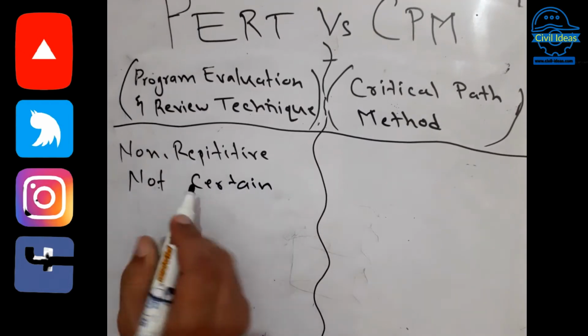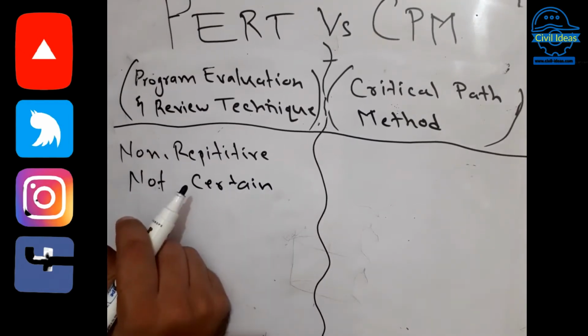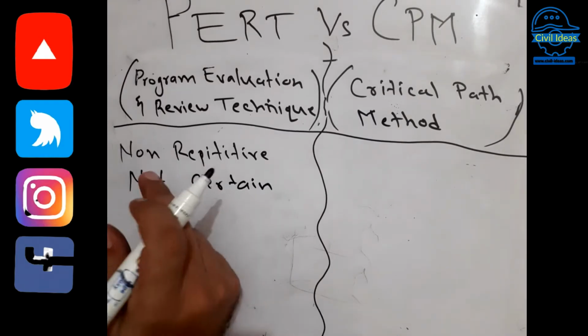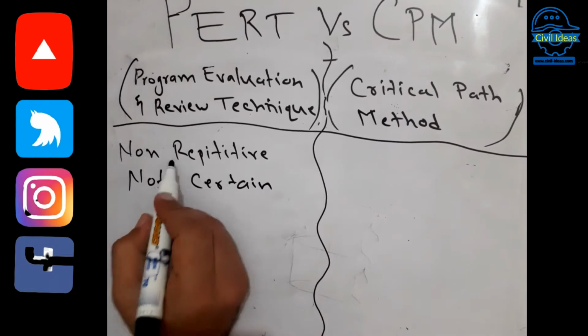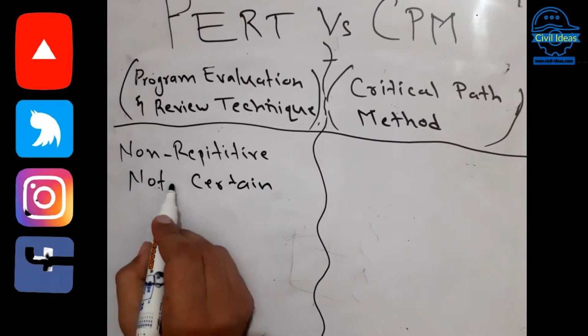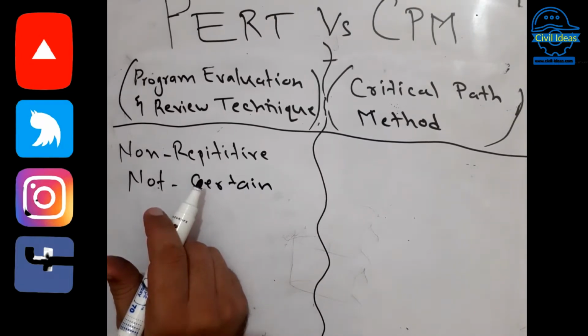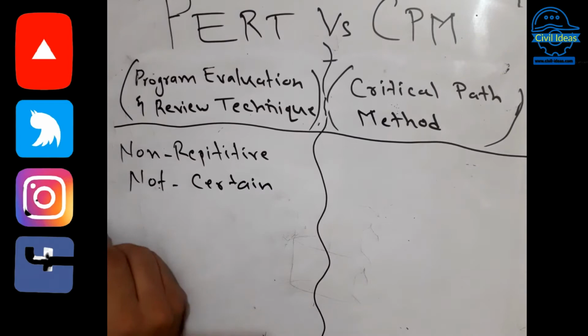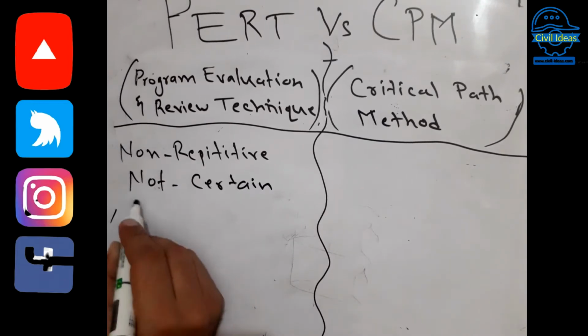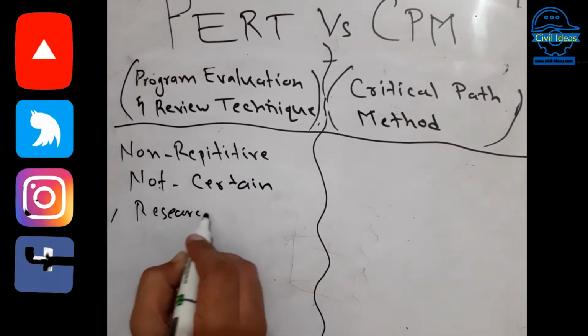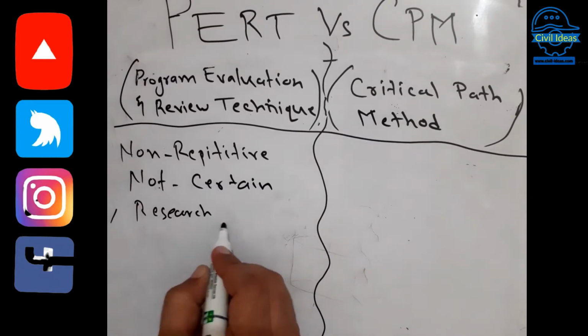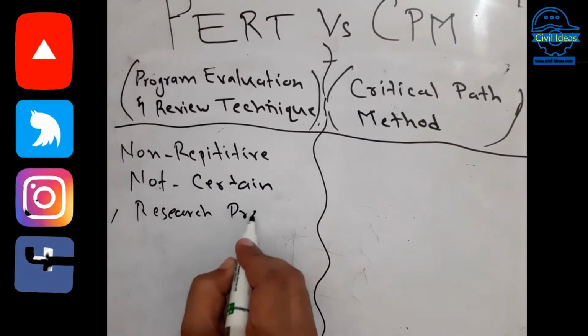You are not certain what the last date is by which it should be finished, and you don't have any information regarding this project, because it may be the first time you start such a project. It is mostly used in research and development, research projects.